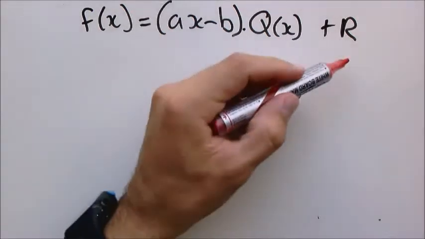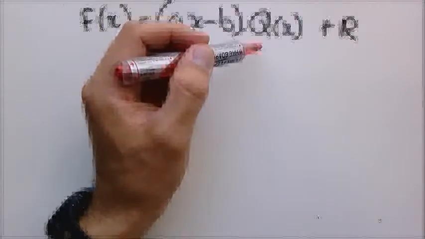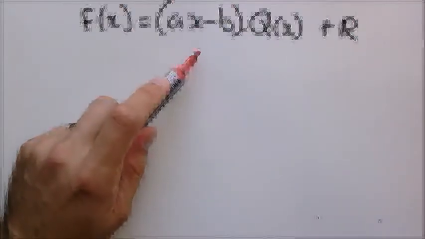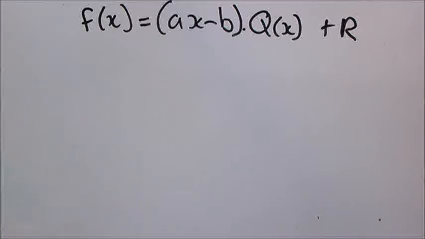Now this r is the remainder, if you think about the examples I just did. q is the quotient. This is the divisor, and f(x) is the dividend. Okay, so the remainder theorem basically states the following. Now let me first explain where they get that.